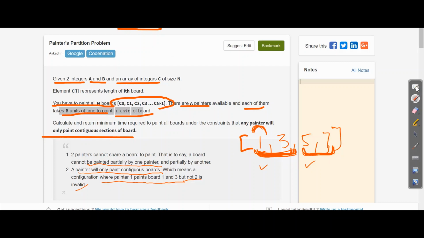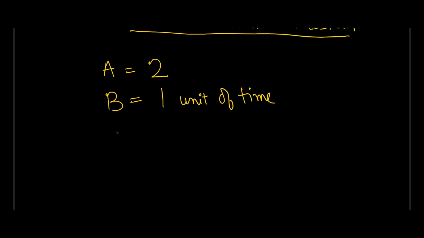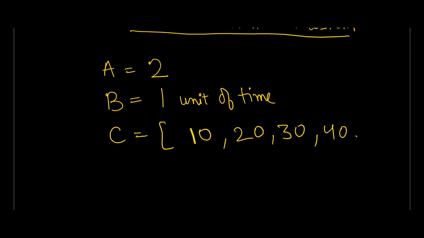So we'll go to the open board. Here we'll take A as the number of painters, B as 1 unit of time at first, and C as an array. Let's take it randomly: 10, 20, 30, 40, 50 and 60.